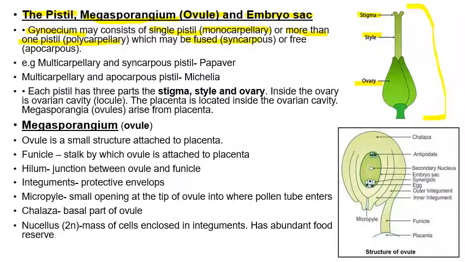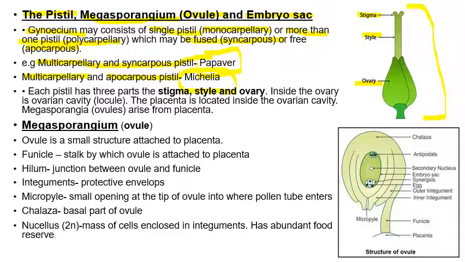If they are fused, they are called syncarpous, and if they are free from each other, that is called apocarpous. For example, multicarpellary, meaning more than one pistil, all fused together, is syncarpous, and an example is Papaver. Another example, multicarpellary with apocarpous pistils, meaning free pistils, is Michelia. These two examples show different kinds of gynoecium.